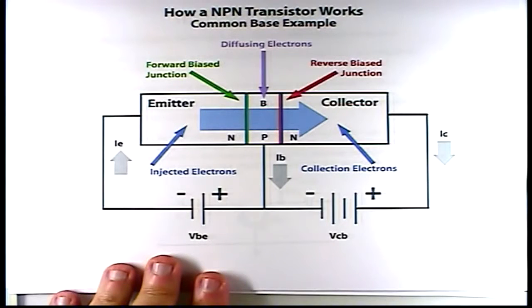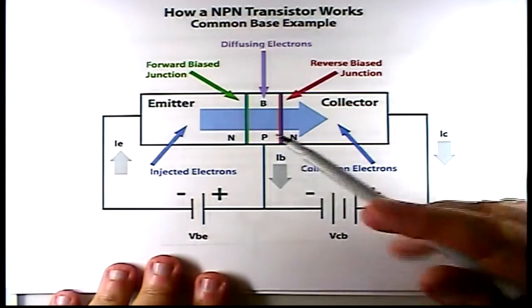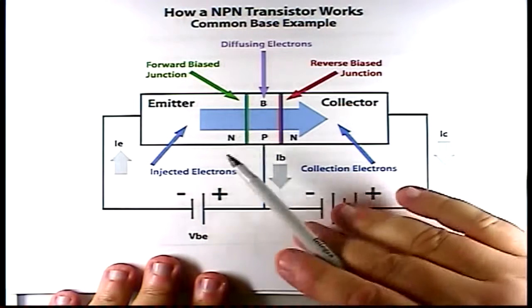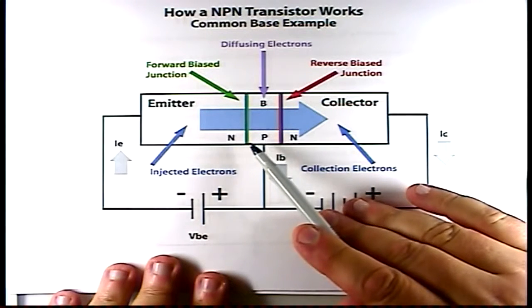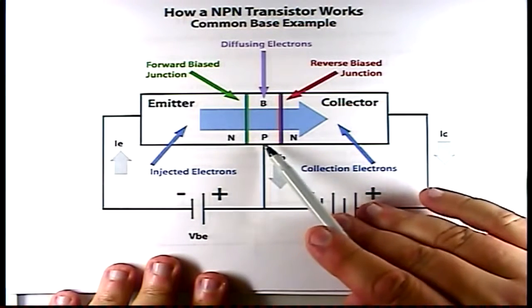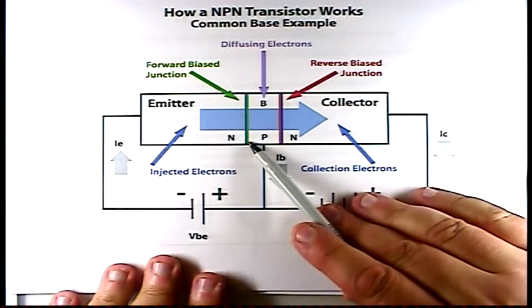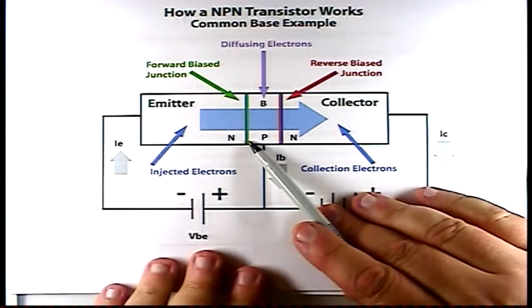The VBE battery causes the emitter base junction to forward bias. What does that mean? When we have no voltage applied to this transistor, we actually have a reverse bias between the p-n junctions on both sides of the base because of the dopants.